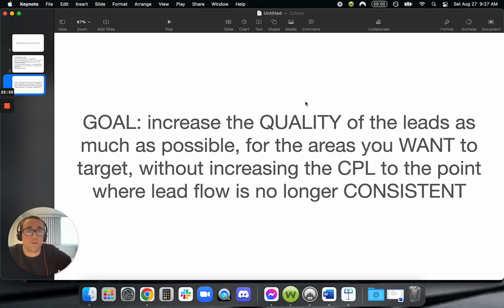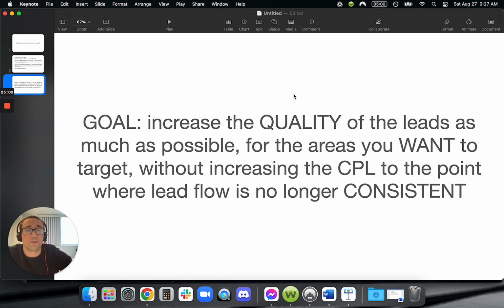When a client looks at their quality of lead, how many leads they're talking to and how often, how many properties are getting under contract, and how many of those are closing, the cost per lead starts to not matter as much as long as the lead flow is consistent and they have a good return on their investment. That's the main thing you want to think about.